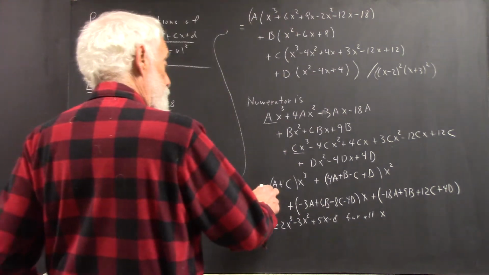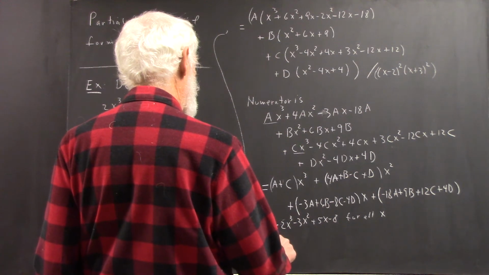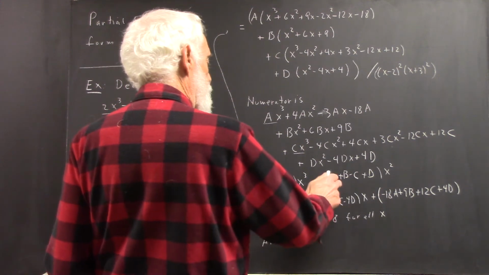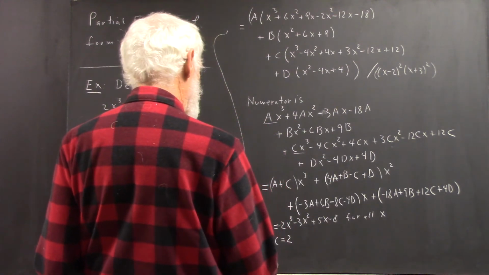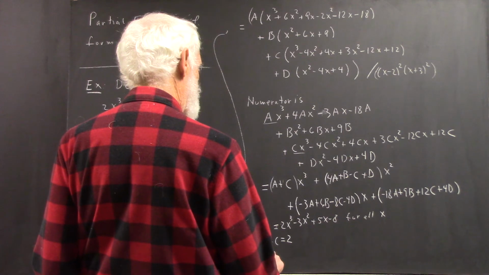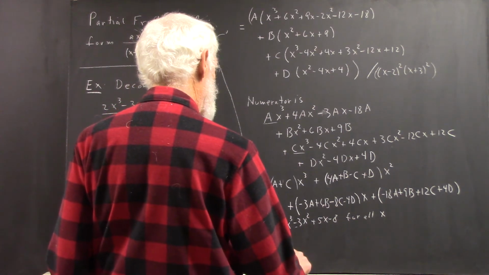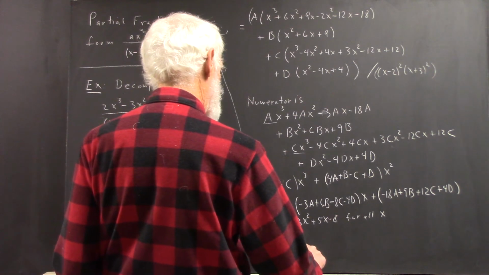So we can write a plus c is a coefficient of x cubed, so a plus c has to equal 2, and then the coefficient of x squared is going to have to equal negative 3, so we're going to have 4a plus b minus c plus d equals negative 3.